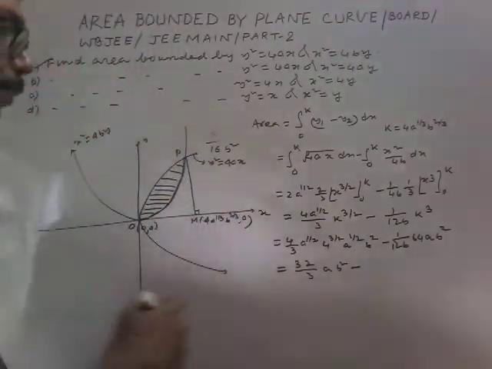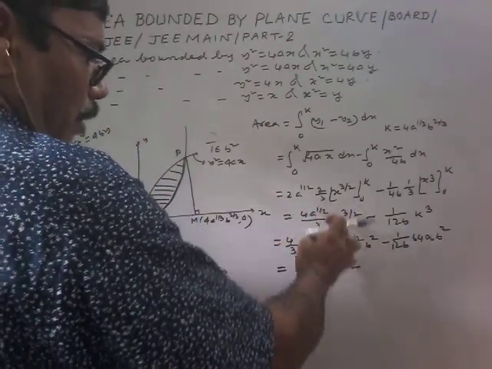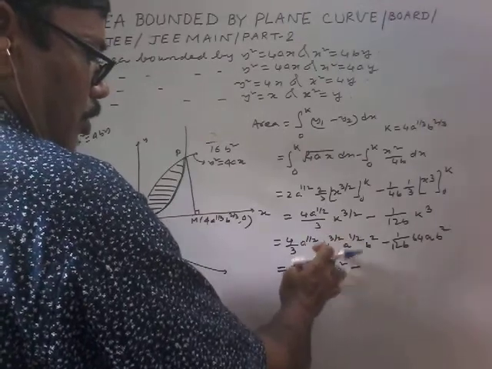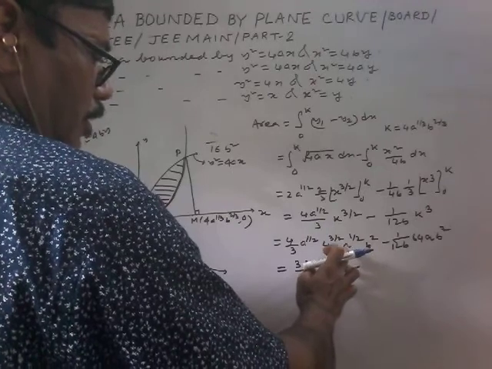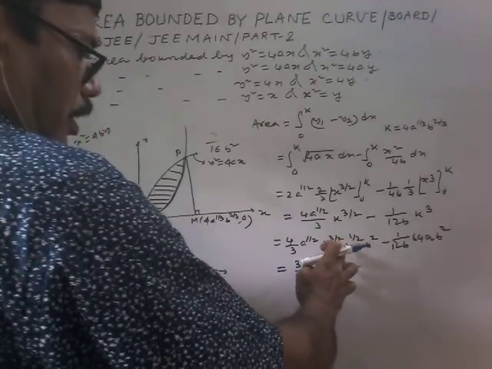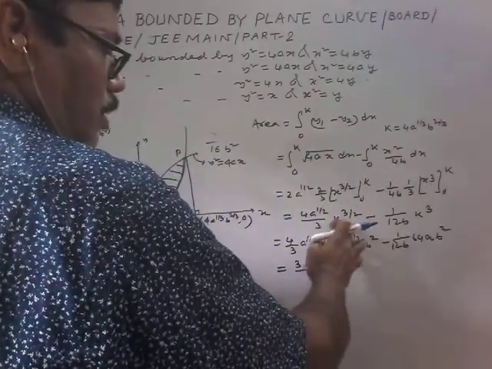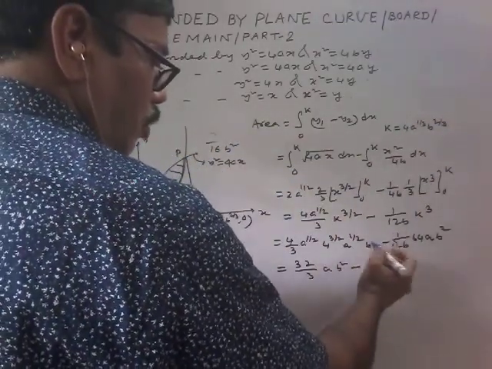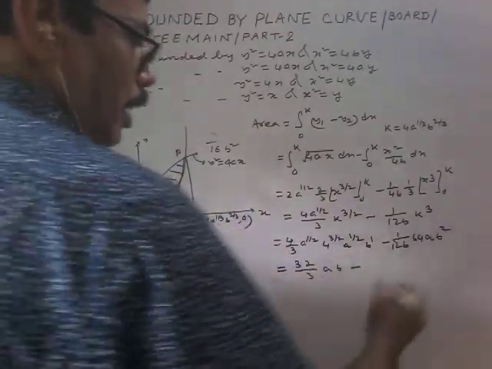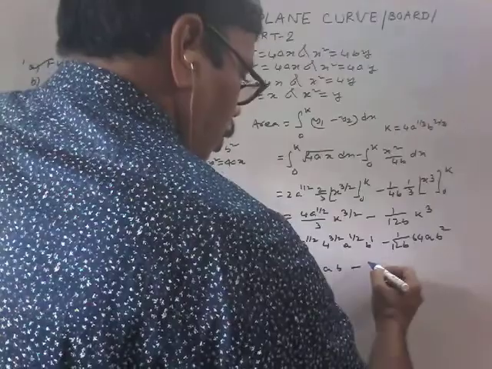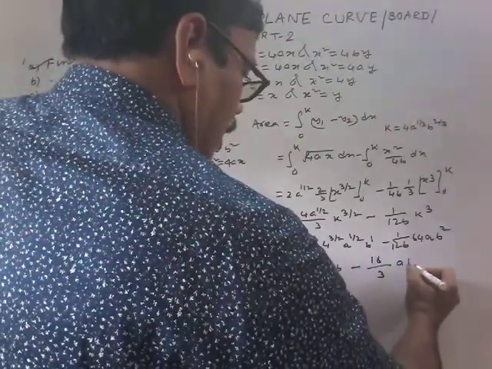So now look, 4 by 3 a to the power half, 4 to the power 3 by 2. So this is 8, and 8 a to the power half and b to the power 3 by 2 into b to the power 1. So this is 32ab, and here 64. So this is 3, and this is 16ab.